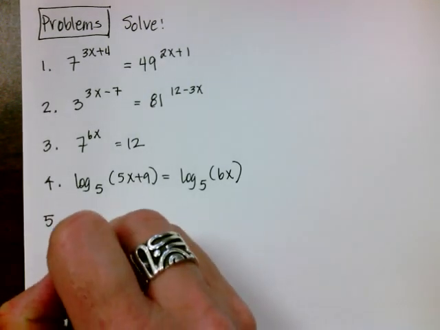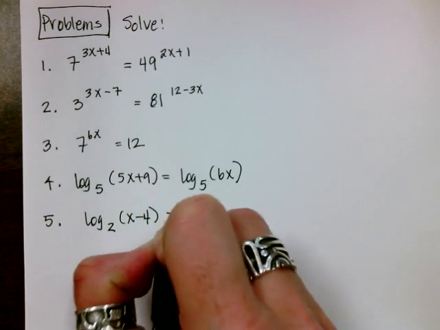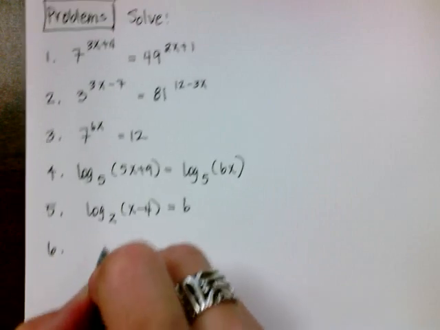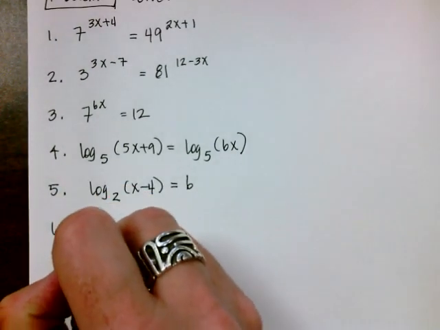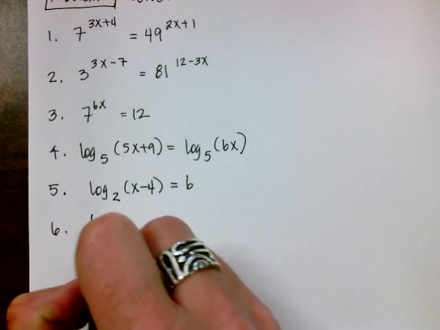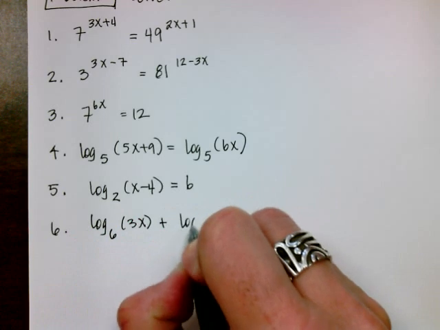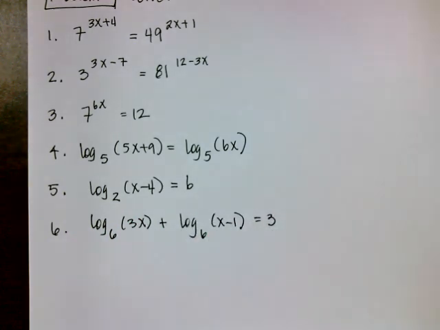The fifth one, the log base 2 of x minus 4 is equal to 6. And the last problem, so a few problems today, but lots of different types of equations. So I'm going to get the log base 6 of 3x plus the log base 6 of x minus 1 is equal to 3.